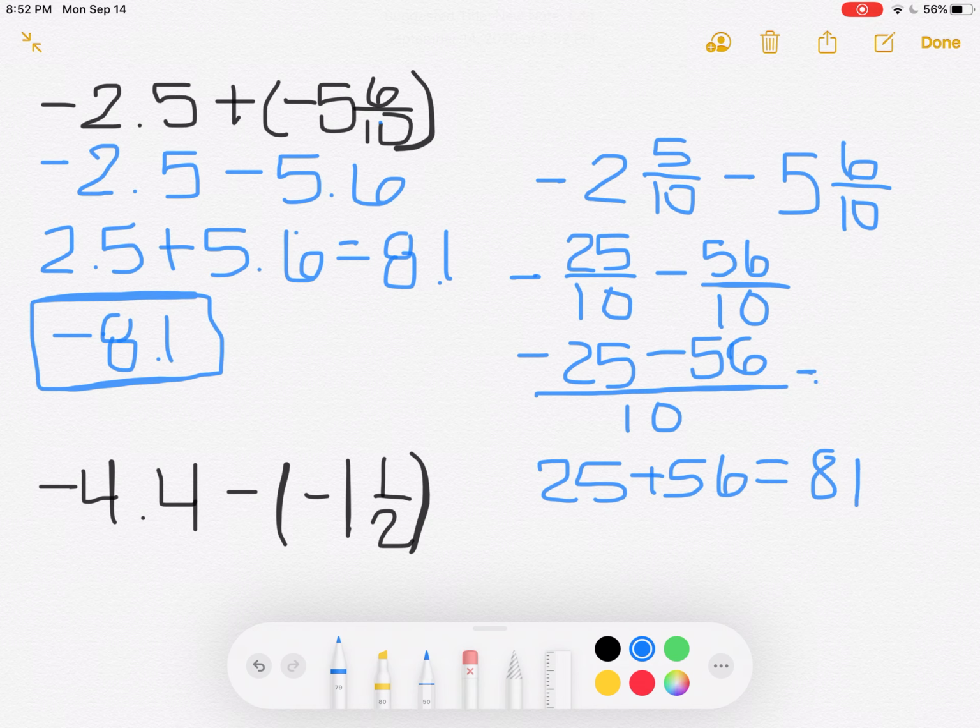And here we have a negative 81 because those two integers are negative. Divide by 10. And we're going to want to rewrite that as a mixed number. And when we do that here, we're going to get negative 8 and 1/10. I'm running out of room, but you guys know that's 10. Okay?